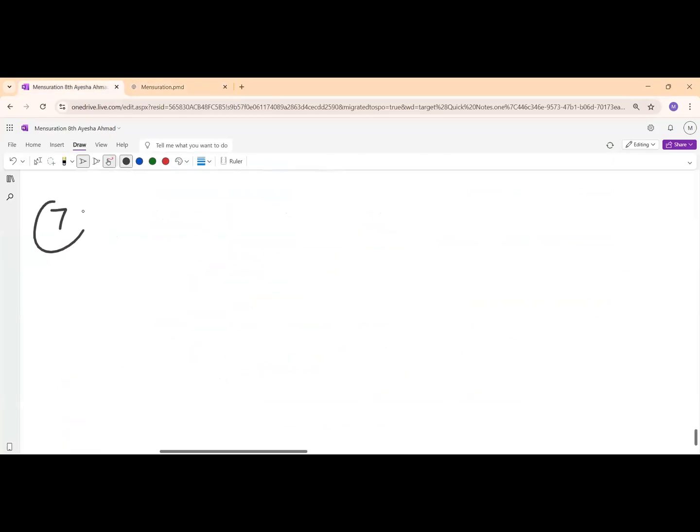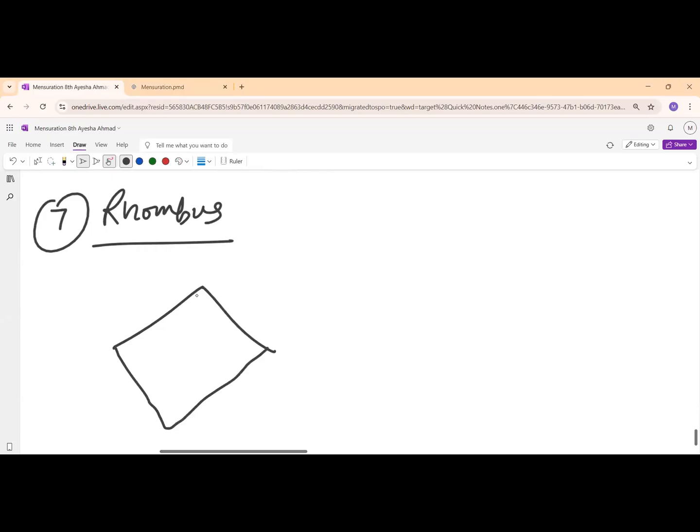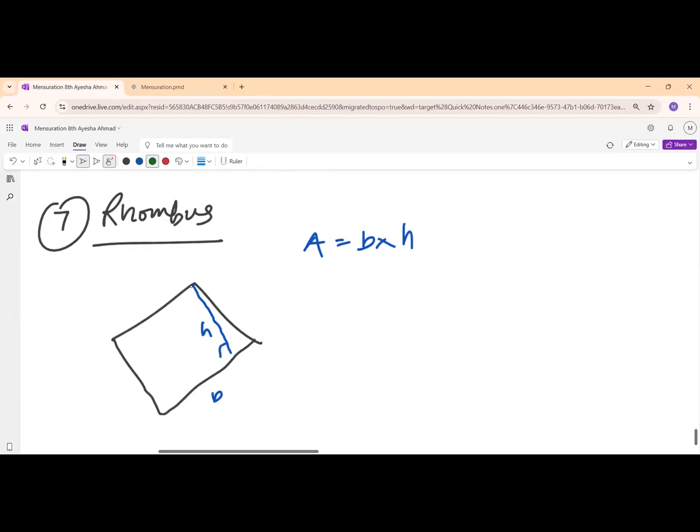The seventh shape is the rhombus. The rhombus actually has two area formulas. A rhombus is also a parallelogram, right? So the rhombus also has area as base into height. Let's say if the height is given, this is the height h, and this is the base. But the main area formula of a rhombus uses the diagonals, because the speciality of a rhombus is its diagonals.